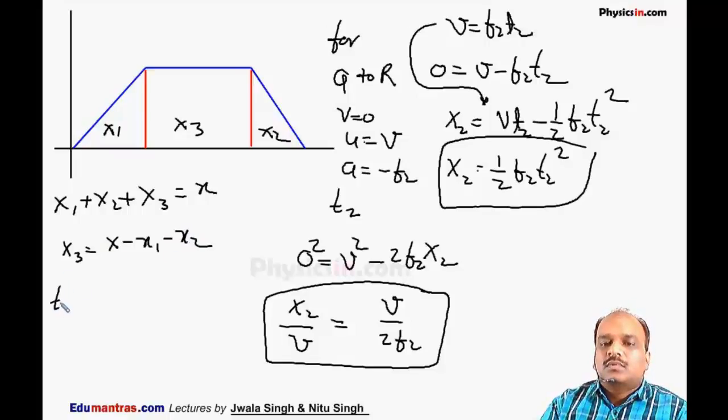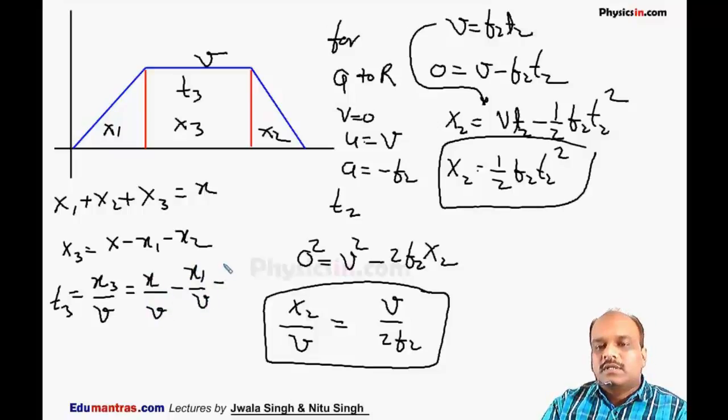Now T3 is the time when the train moves with a constant speed v. So we can say T3 is equal to x3 by v, because the train is moving with a constant speed, which is equal to x by v minus x1 by v minus x2 by v.